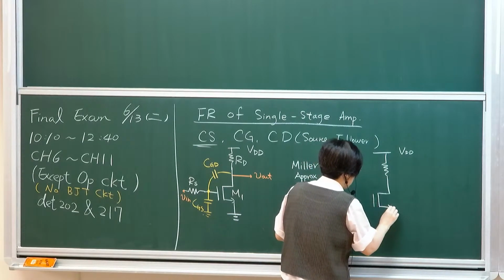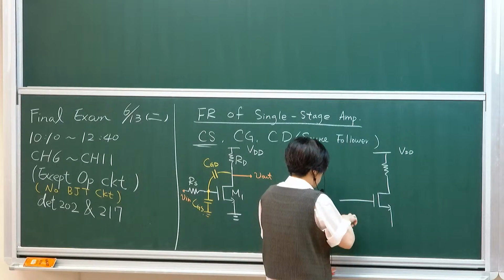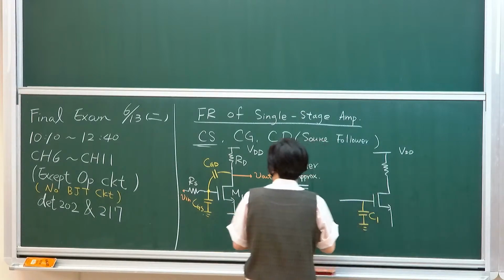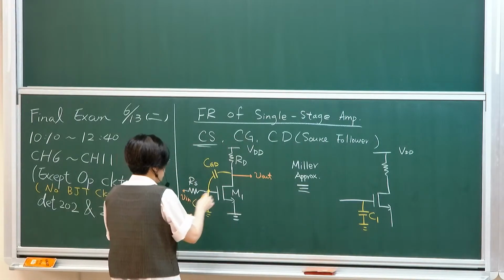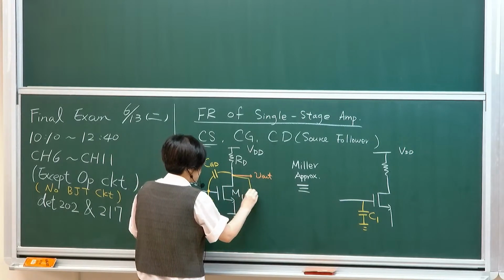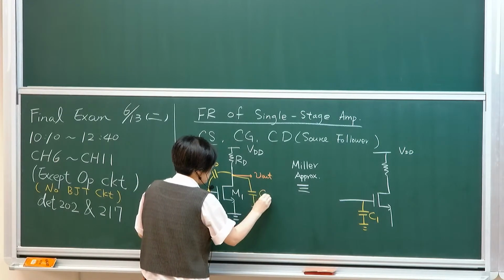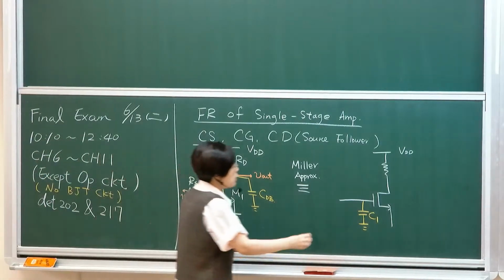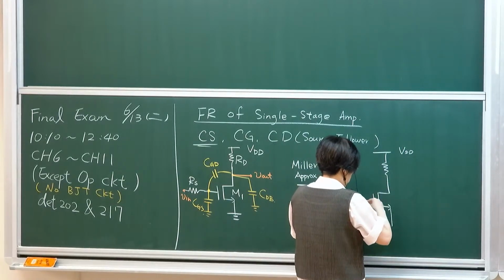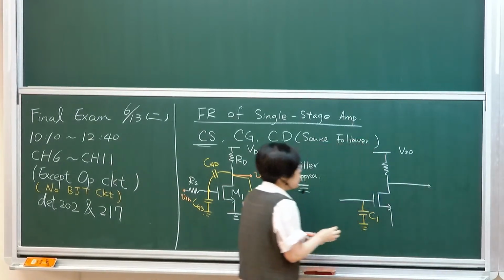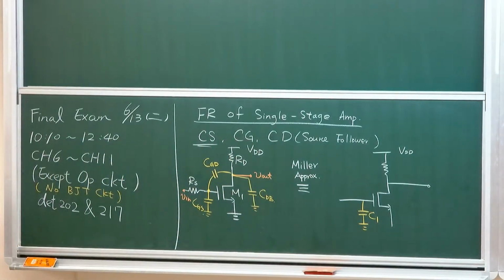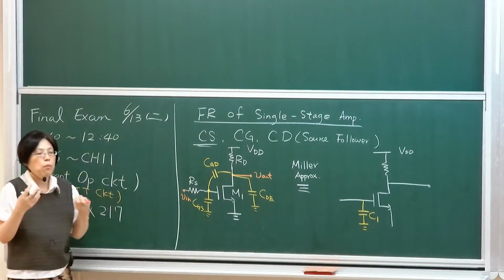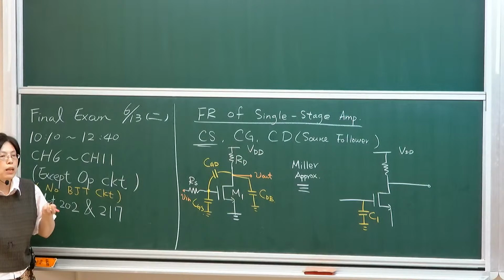The way to look at it is that it would then have a C1 and, to be more precise, there's also the junction capacitance, drain to body. So I can lump them into an input terminal and an output terminal, with an effective capacitance, since there are only two nodes. The way to think about this is: what is the effective bucket?